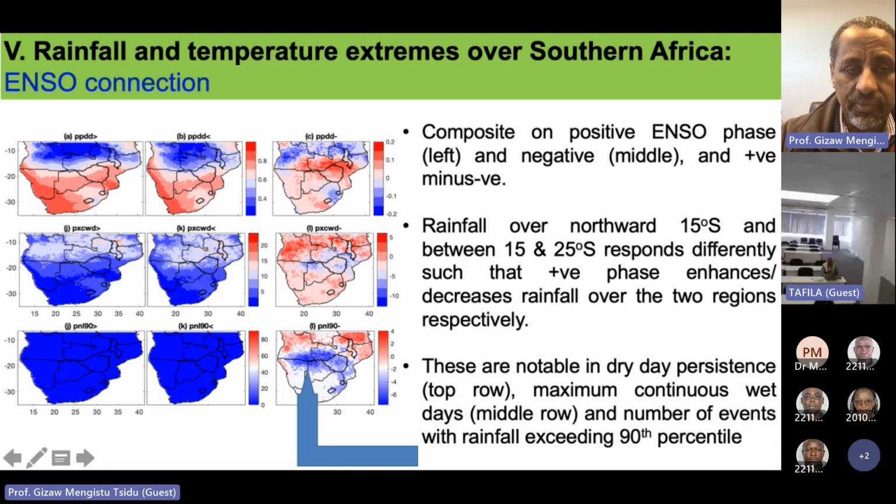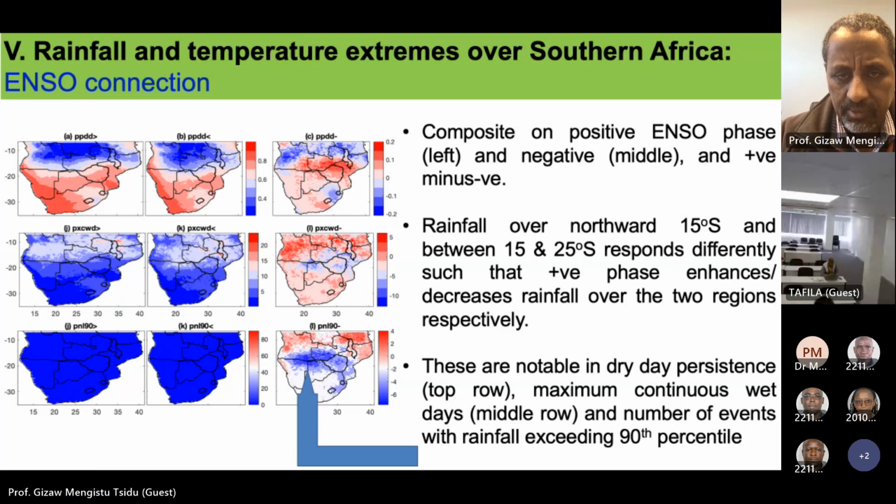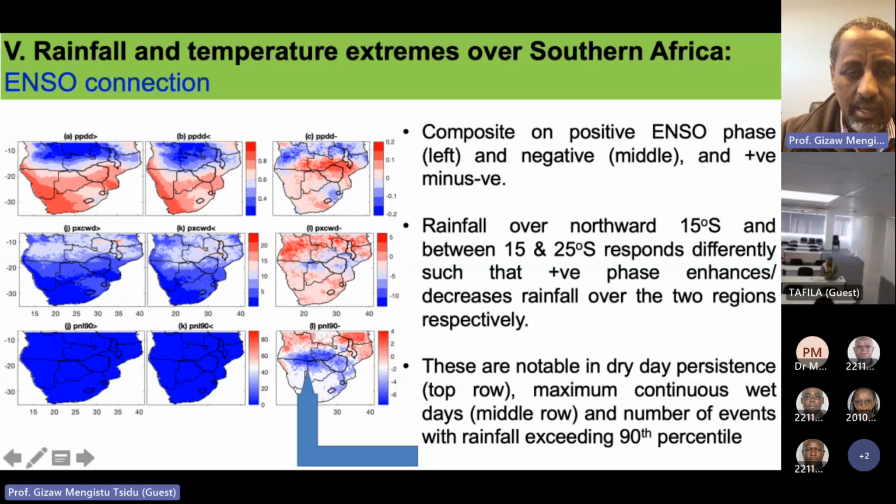If the whole region behaves exactly the same way during El Nino and exactly the same way during La Nina, the difference between the two should show the same color, either red or blue. But what you see here is that the northern part of the SADC region, which includes much of Angola, and then Congo and part of Zambia, and then part of Mozambique, turns blue.